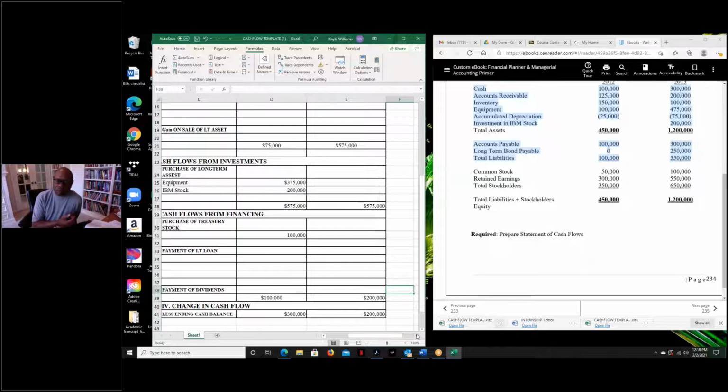So basically, about everything we just put on here, we didn't make or lose any money. You said you made money. Well, you made it, but you spent it all. And so it would look like you had 200,000 more in cash if you just look at the balance sheet, right?